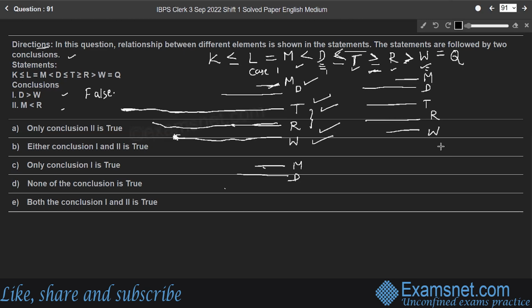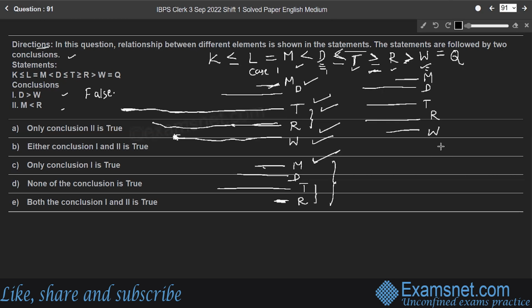D is less than T. Let us draw a line T, and T is greater than R. So we can draw a small line R such that T is greater than R. There is no restriction for line R, so it is smaller than T. Therefore, we cannot conclude M is less than R.